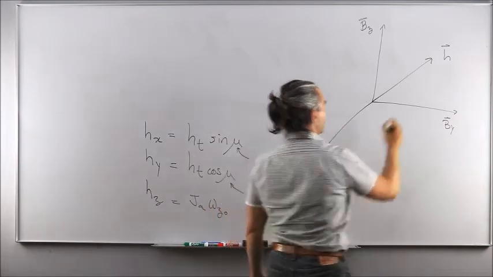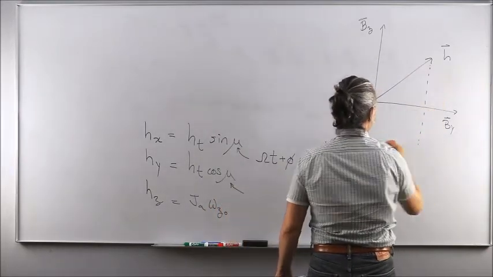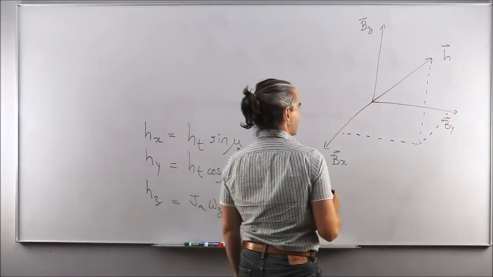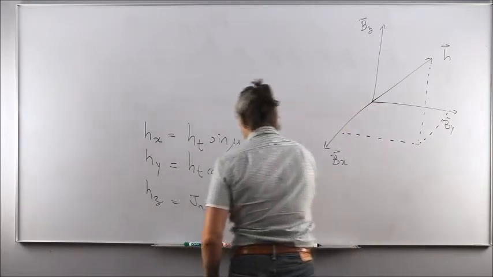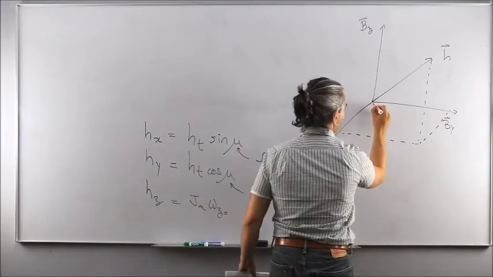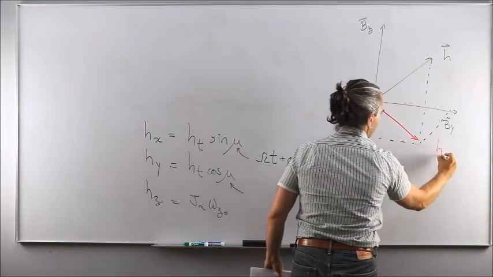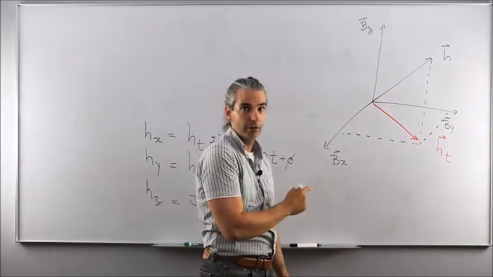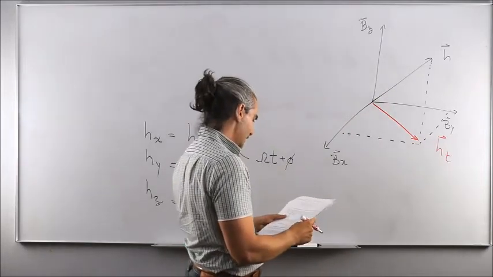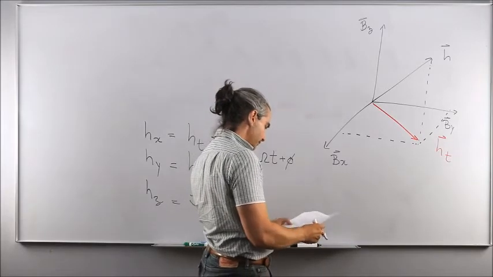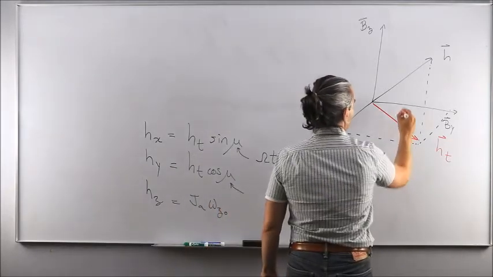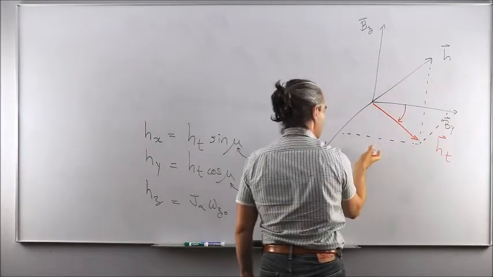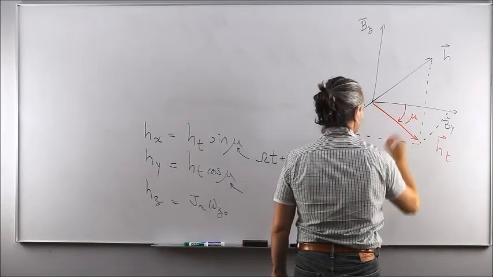We know that the length of the projection of h on the bx-by plane will remain constant, and that projection happens to be our transverse angular momentum vector ht. Does that look familiar? Hopefully it does, because this is the exact same thing as what we had before, where the angle between by and the projection of the vector onto bx-by happens to be mu.